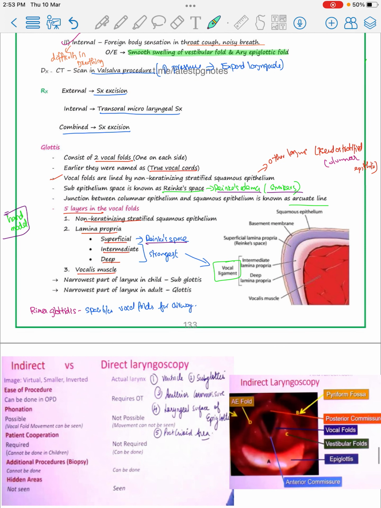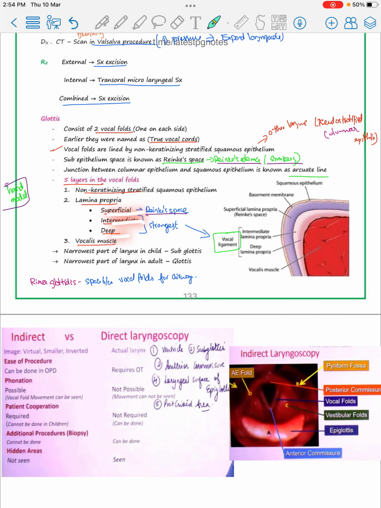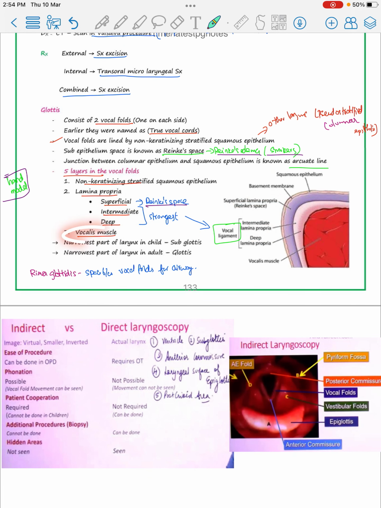Then when you come to the glottis region, it has two vocal folds facing opposite of each other. They are named true vocal folds, and they are lined by non-keratinizing stratified squamous epithelium, whereas the other part of the larynx is lined by pseudostratified columnar epithelium. This vocal fold is formed by five layers. First is the non-keratinizing stratified squamous epithelium, then lamina propria containing superficial, intermediate and deep layers, then the vocalis muscle.